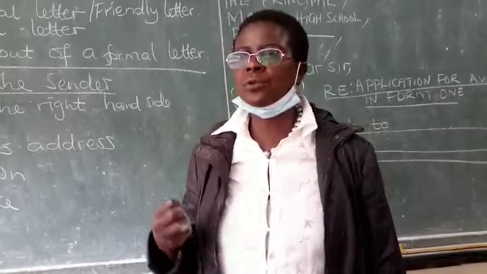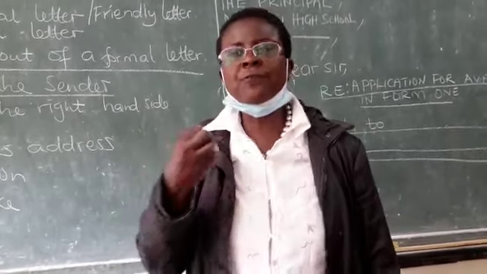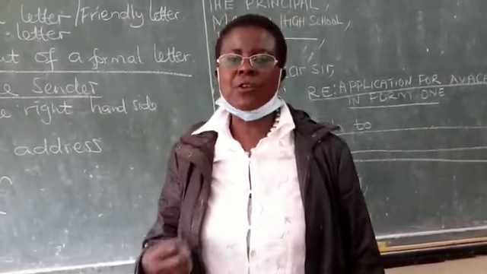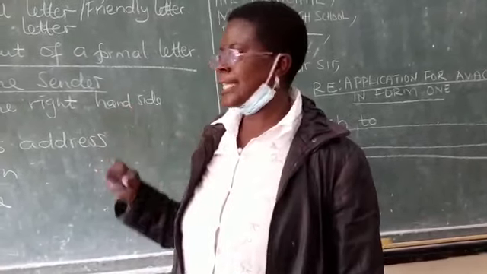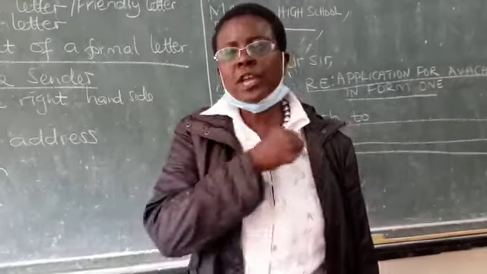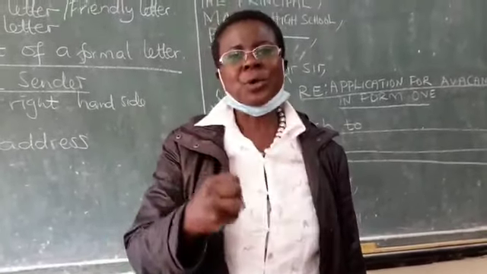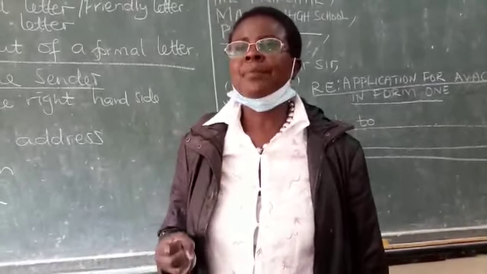Or if you want to go to another school, you are looking for a vacancy from this school to another school, you write an official letter. So this is a formal letter you are going to write. Or if you are looking for a job, you want to write to a certain company, then you are going to write a formal letter.